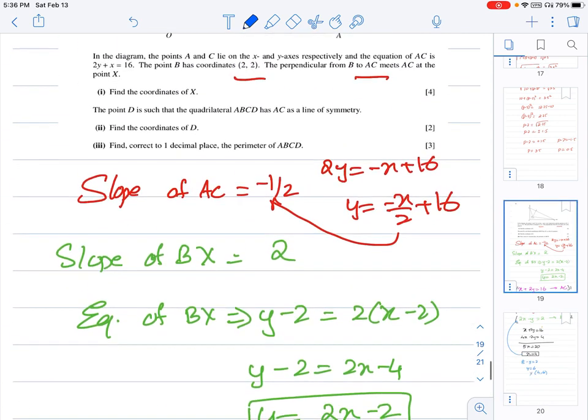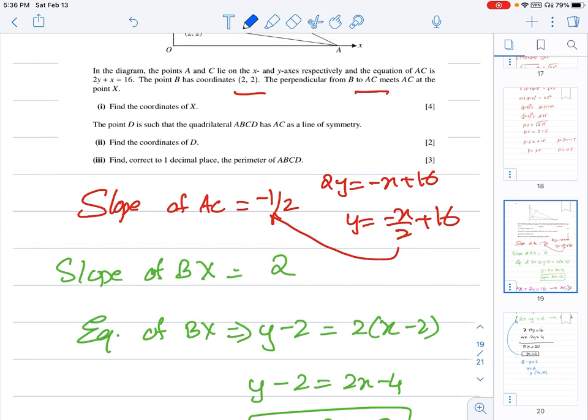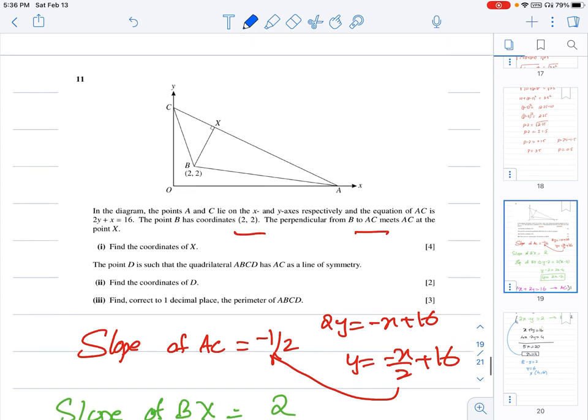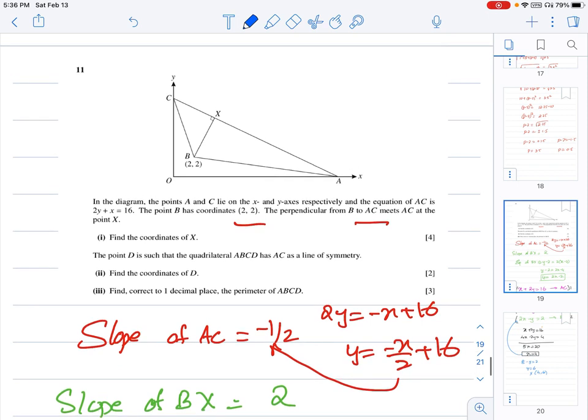X, we got it. Now D is a point such that the quadrilateral ABCD has AC as a line of symmetry. Find the coordinates of D. So what am I going to do? I am going to draw it out in the same way.